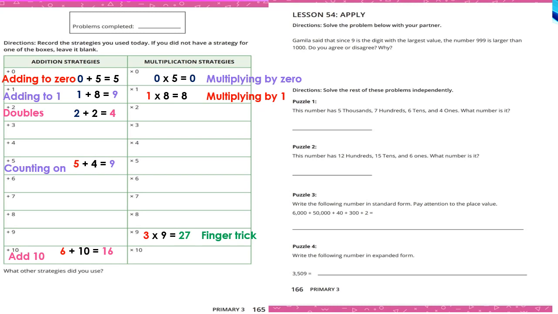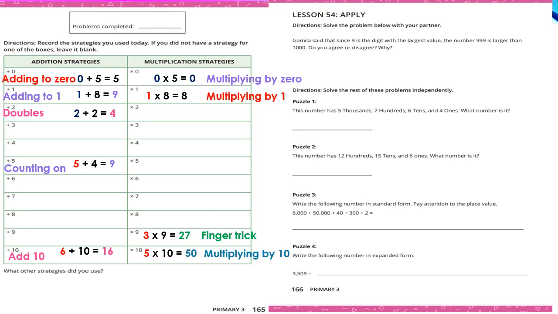It means 2 in tens, and 7 fingers on the right side. It means 7 in ones. So the number here is 27. Multiplying by 10, for example, 5 times 10 equals 50. This is the multiples of 10.